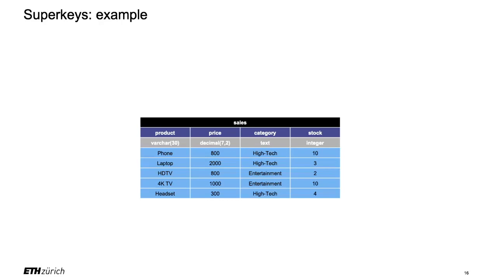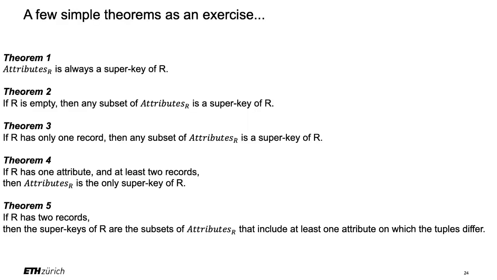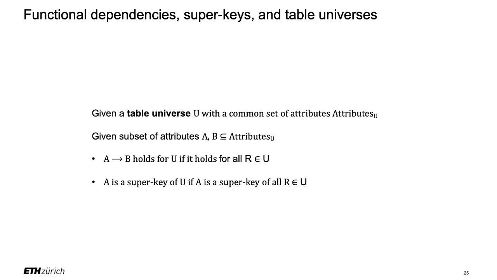I will make sure that they hold in the future. So this is why we say that we also define the notion of functional dependency and super key on a universe of tables. It's just that we always want it to hold. These are constraints, right? Super key and functional dependencies.